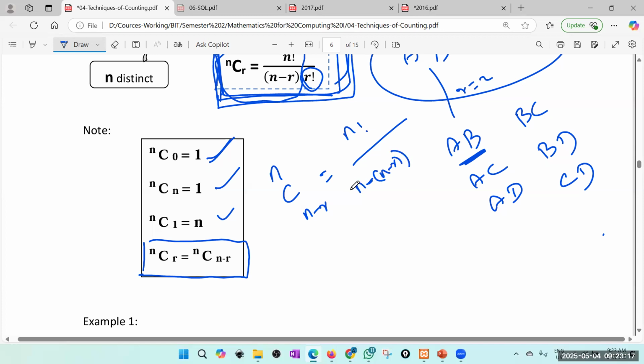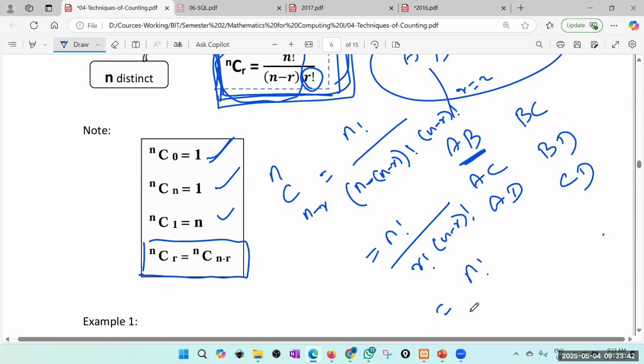Then divided by factorial R, where R is n minus R. So this n minus n gets cancelled. Factorial n divided by, minus into minus is positive, factorial R and factorial n minus R. And if you rearrange this, you get the definition of NCR, right?